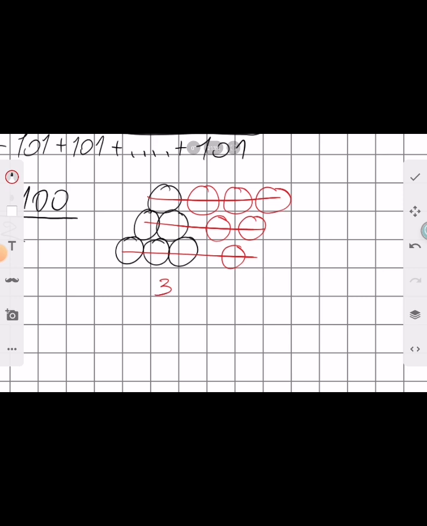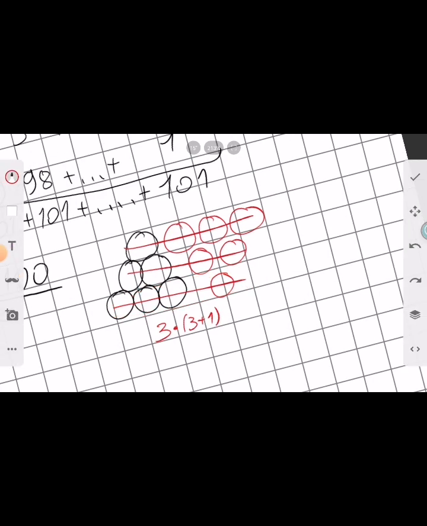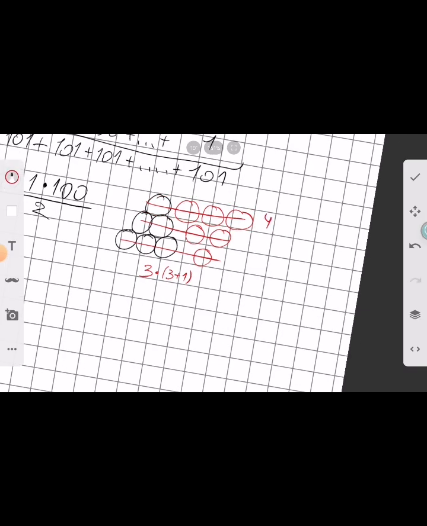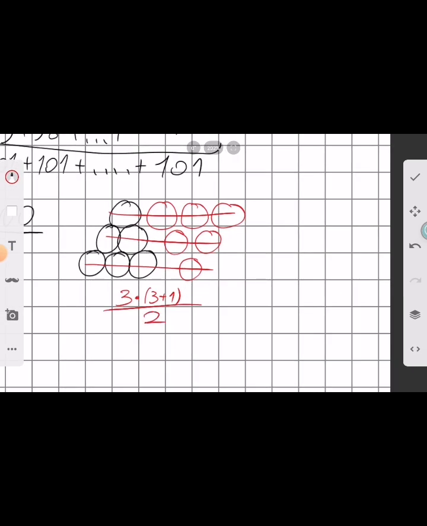So the 3 from the number of rows, from the quantity of the rows, is here, and 3 plus 1 from this neutralized equal spacing is here, and we have to divide by 2.